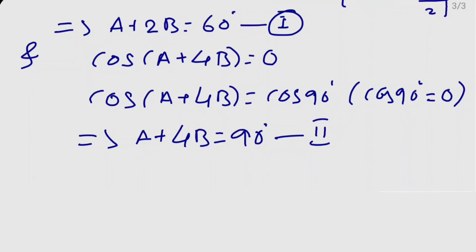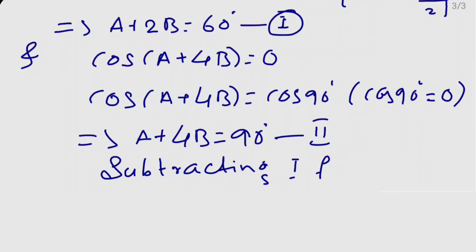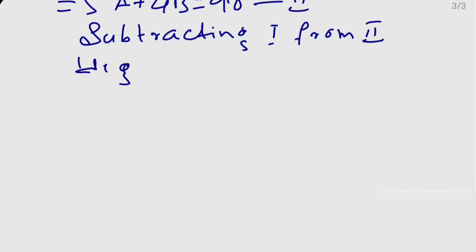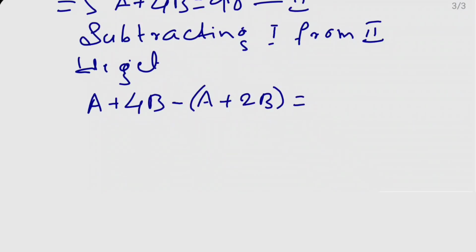And now here, subtracting 1 from 2. So what is our equation 2 here? A plus 4B, minus equation 1, A plus 2B, and this equals 90 minus 60.